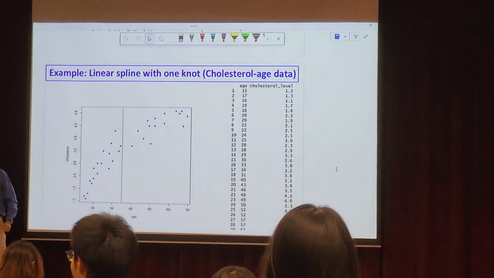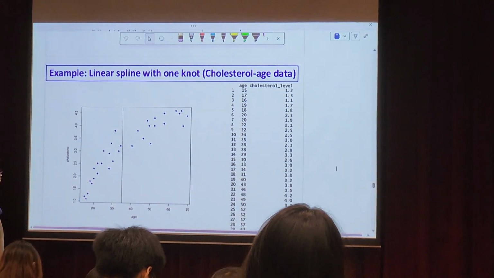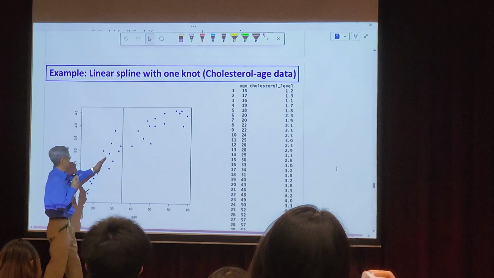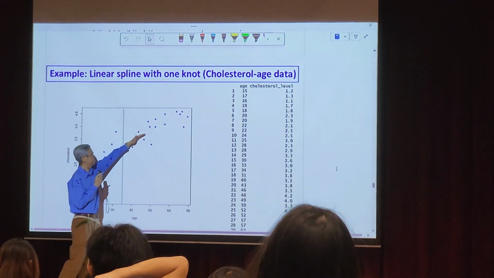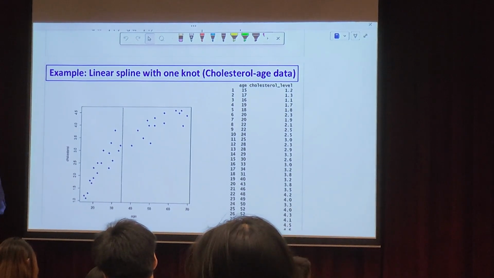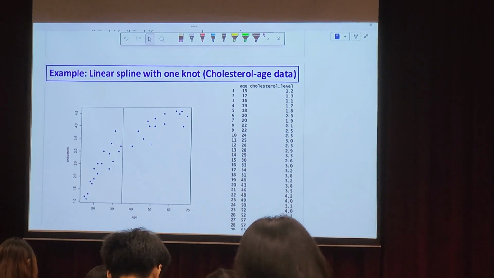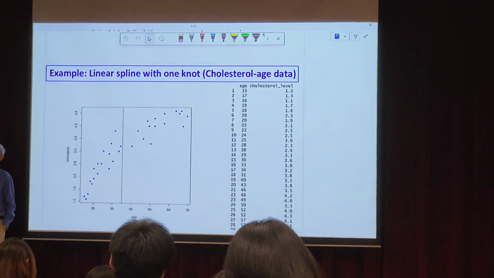What did we do in the past? We fitted a quadratic model. So can I fit a linear model, a straight line model, for both parts or not? Actually, there is one advantage in doing that.